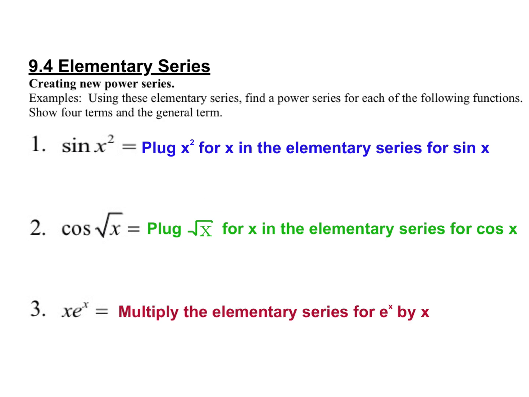So the idea behind the elementary series is it's your sort of foundation, it's your starting point. But then we can expand from there and come up with new power series. So in this, instead of just writing x times the thing, you actually would multiply it out.